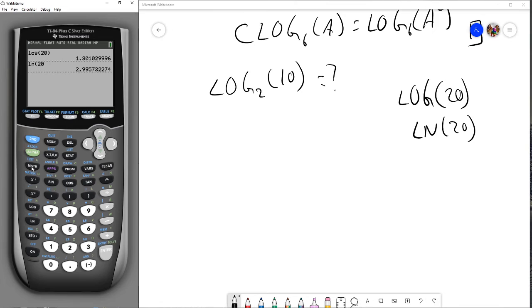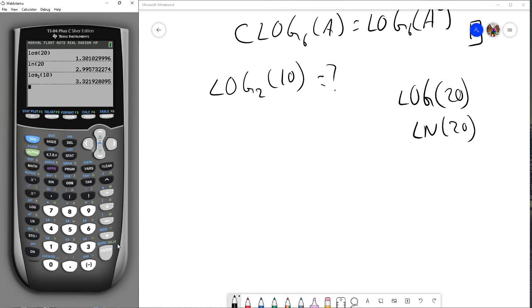Well, some calculators like this one do have a function somewhere in here. So I hit math, and then we just scroll down and see if we can find the relevant one. Oh, here we go. So we hit enter here. Log base 2 of 10, and it does it for you. But what if you don't have a fancy calculator like I do here? What would you do next?